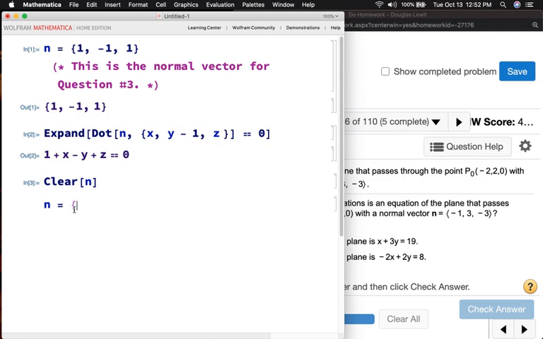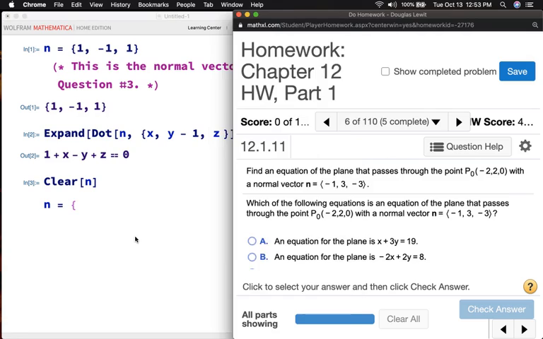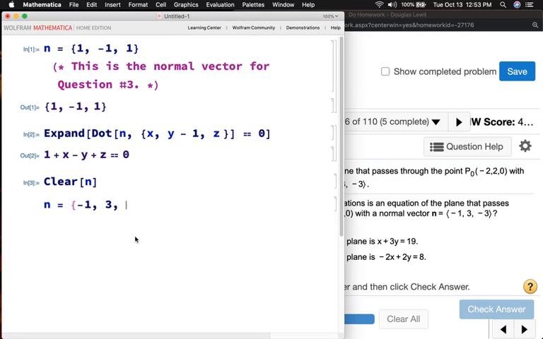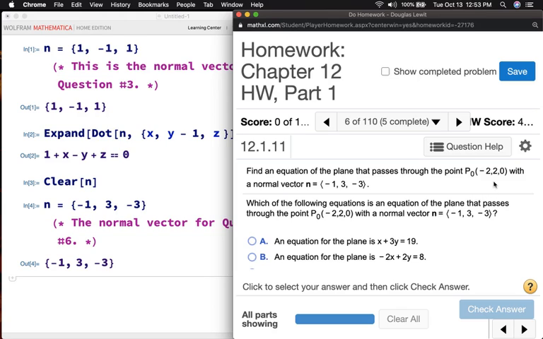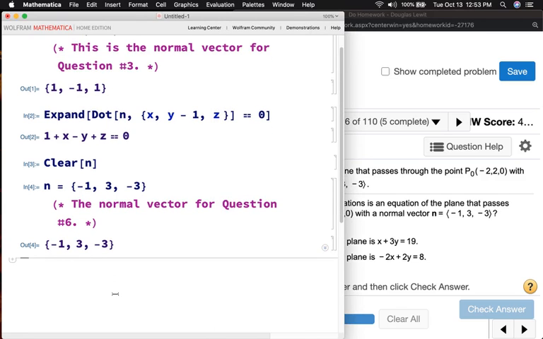My normal vector is going to be -1, 3, -3, for question number 6. And the point is: x is negative 2, y is 2, z is 0.